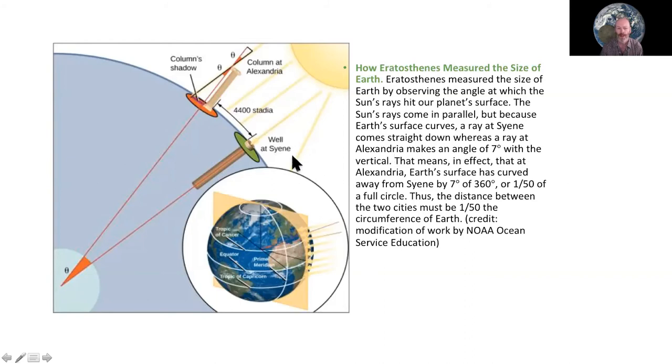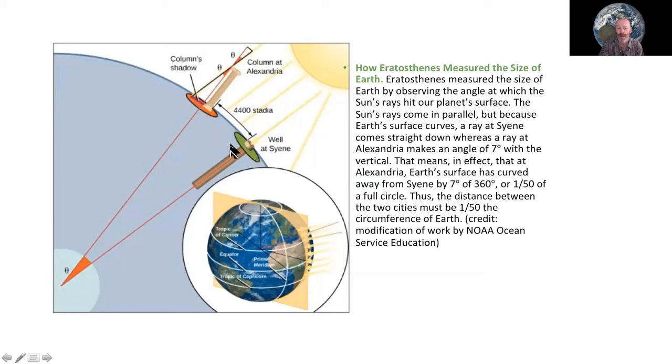Eratosthenes figured out that in certain parts of the world, this place called Syene here, on the longest day of the year, the sun is directly overhead and nothing casts a shadow. Well, he read that in a book, but he's up here in Alexandria, and on the longest day of the year, when the sunlight hits a column or tries to go down a well, it casts a shadow.